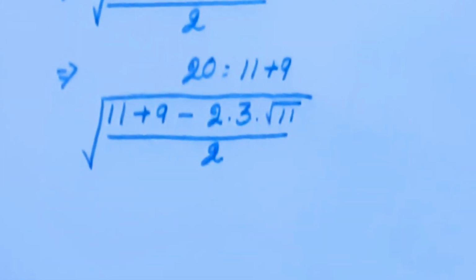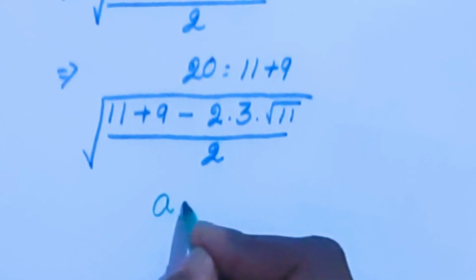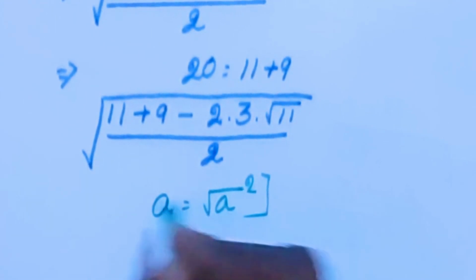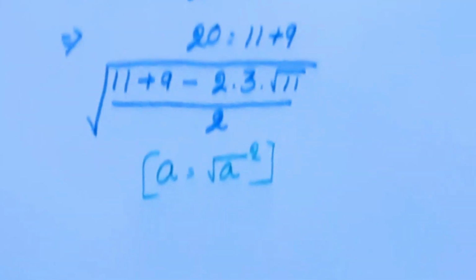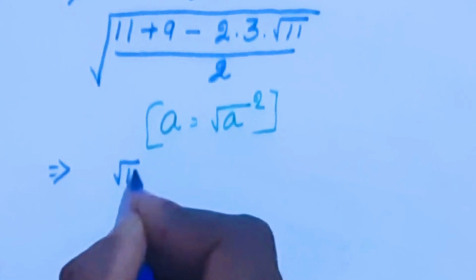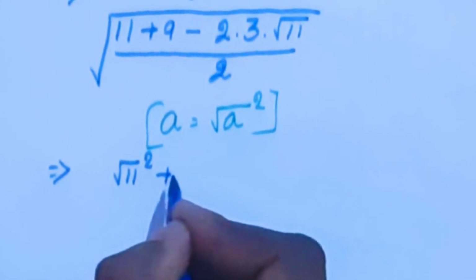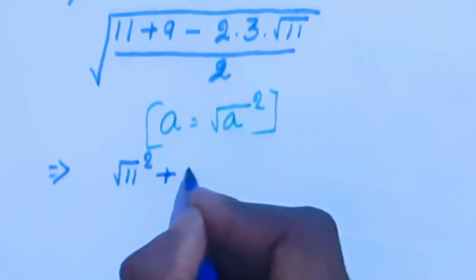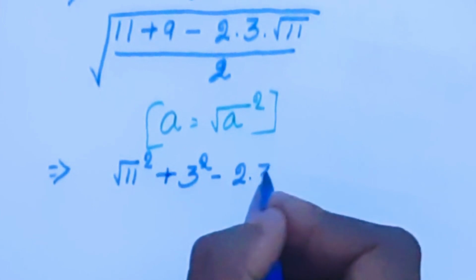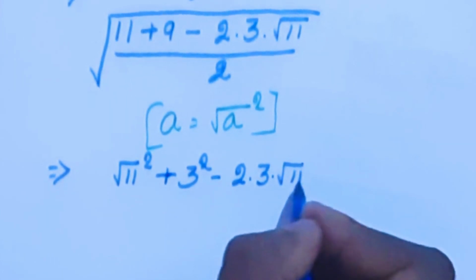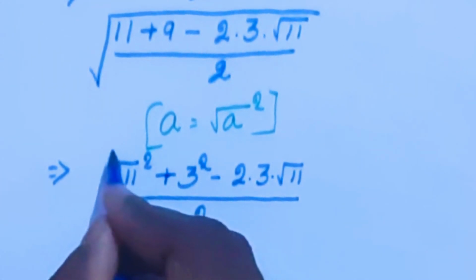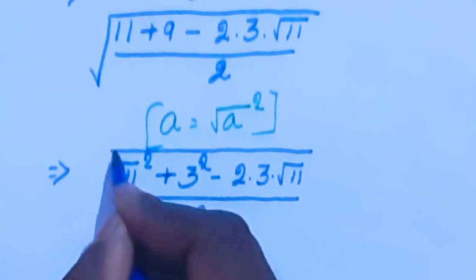Now we are going to apply this: a equal to square root of a square. This we are going to apply here. Square root of 11 square plus this 9 can be written as 3 square minus 2 times 3 times square root of 11 by 2 in whole square root.